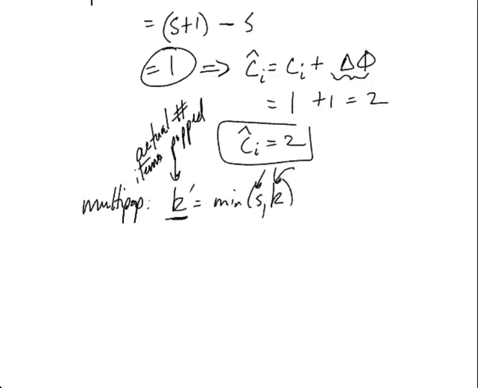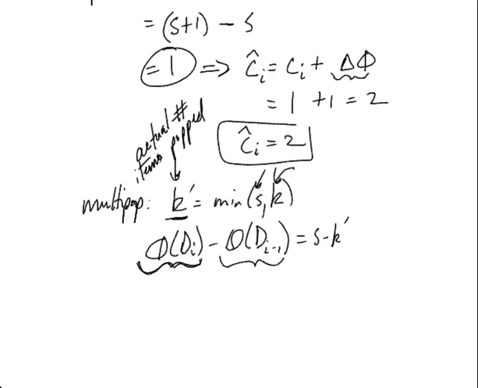Okay, so what is the change in potential for a multi-pop? Well, the new potential is the number of items in the stack, which is S minus K prime. And the old potential is the original number of items, S. So that's the change in potential, negative K prime.